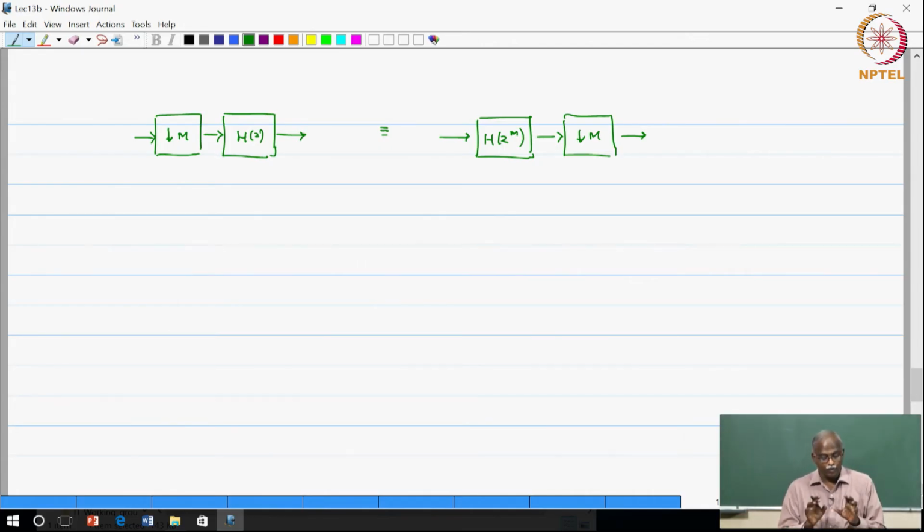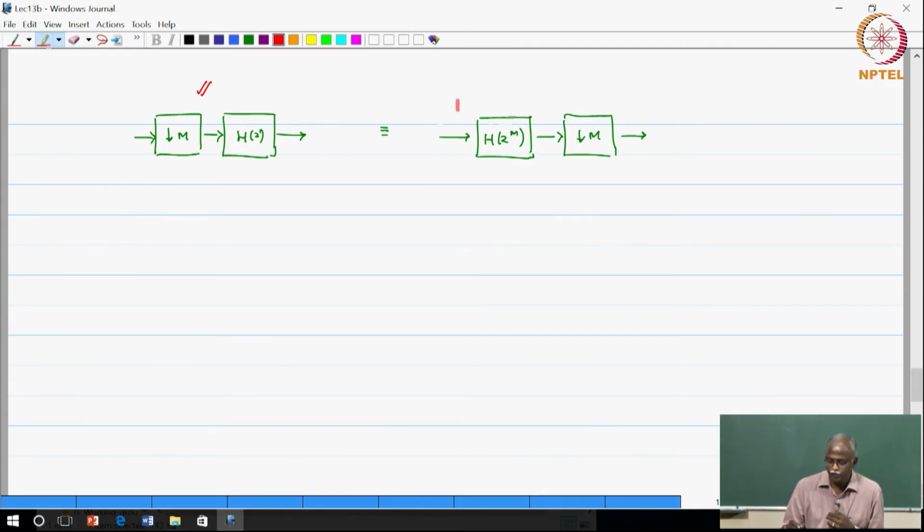Now, it is very easy to see the principle that we stated in the last lecture, in an earlier slide, which says that it is always advantageous to do the downsampling first followed by any operation. So, of these two, this will be the preferred structure. Now, whenever we want to do anti-aliasing filtering, it comes out in this form, right.